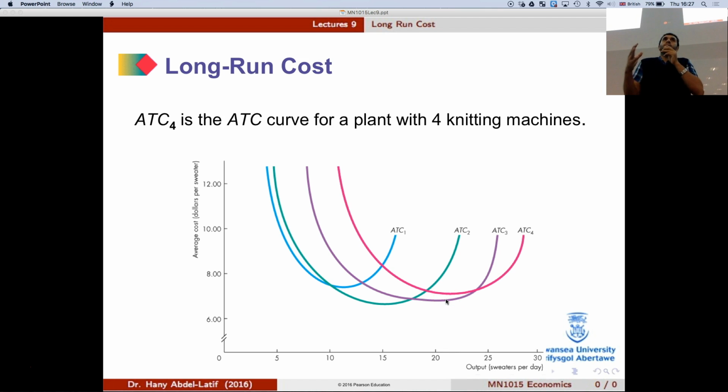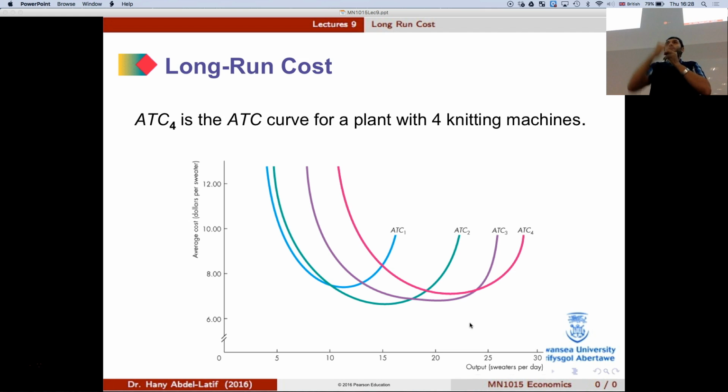So basically, in the long run, because you could change the plant size, you could decide which plant actually, how many machines you could employ or hire. Okay? So you're choosing between not just the number of workers, the amount of labor, you choose also how many machines you should have. So in the long run, as I said, because we're trying to maximize profit, then it can't be higher than any of these short-run cost curves.